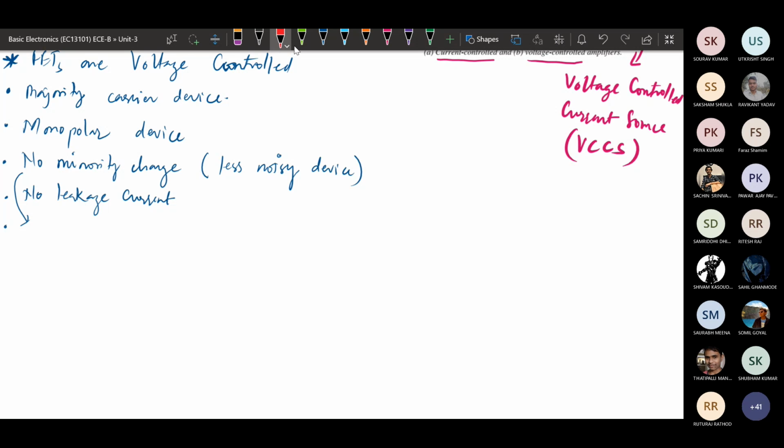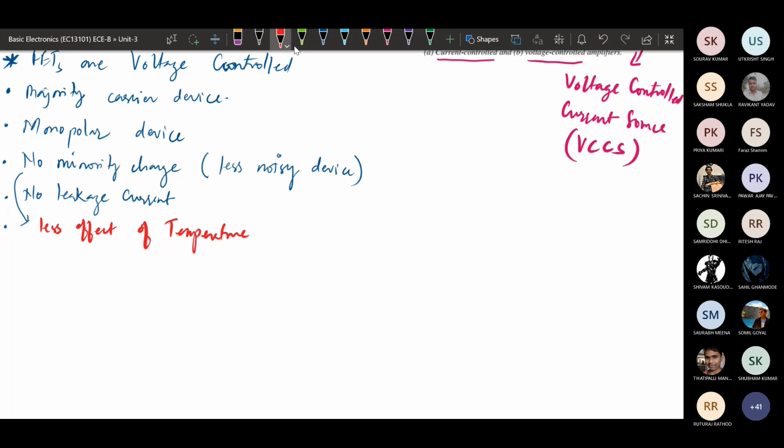Minority charge carriers increase very rapidly with temperature, but the change in majority charge carriers is very small, and here there is no minority carrier, so there will be very little effect of temperature.